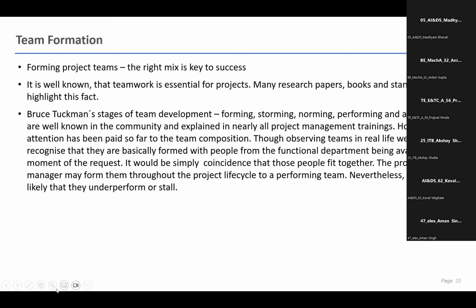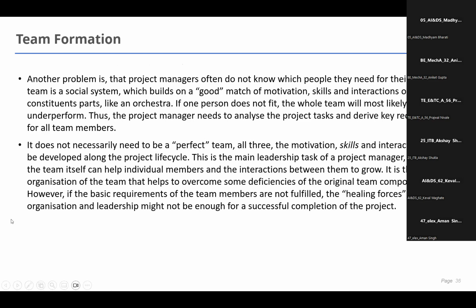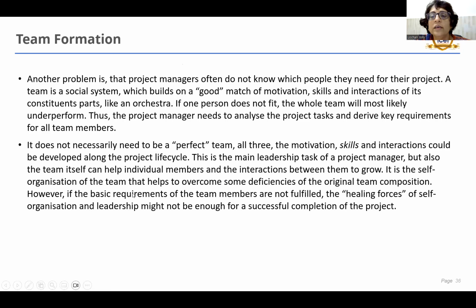Okay, very nice, Nupur. So this is what she has already talked about, how team formation should be done. I'll quickly read some important points.